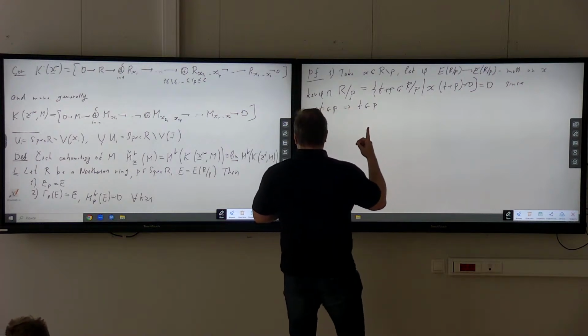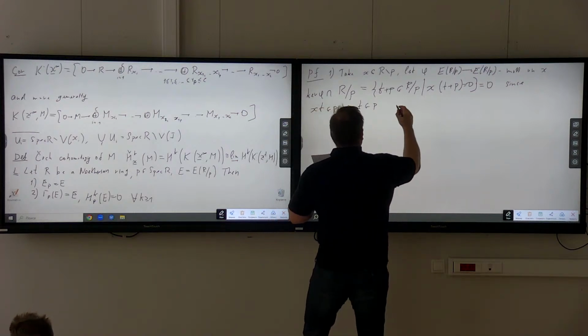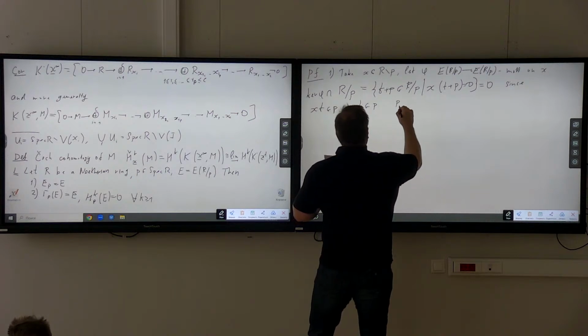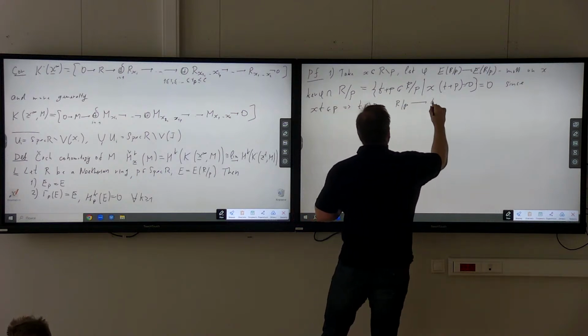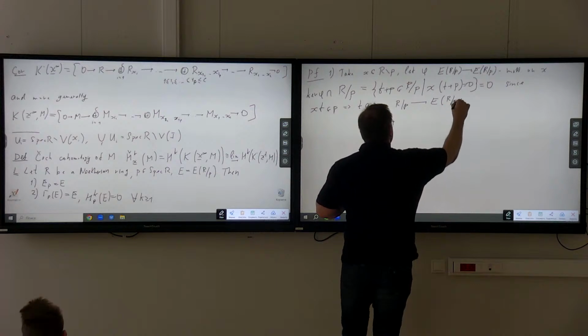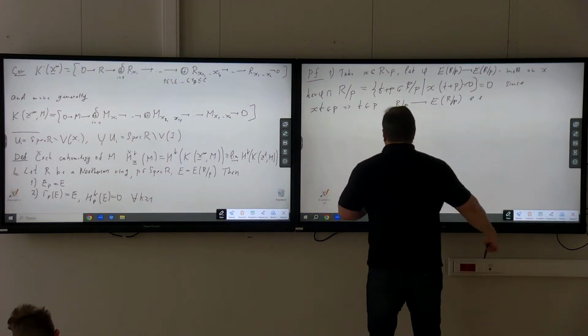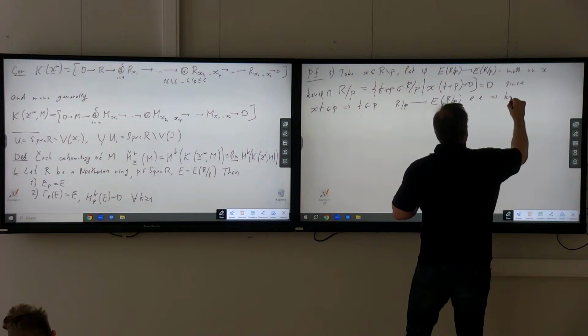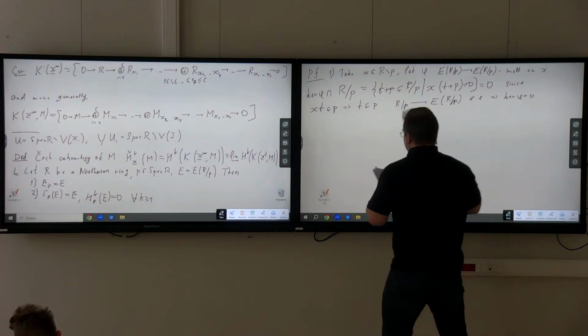So this intersection is zero, and since we know that the map from R/P embeds it into the injective hull as an essential extension, we can conclude that the kernel of phi is zero.